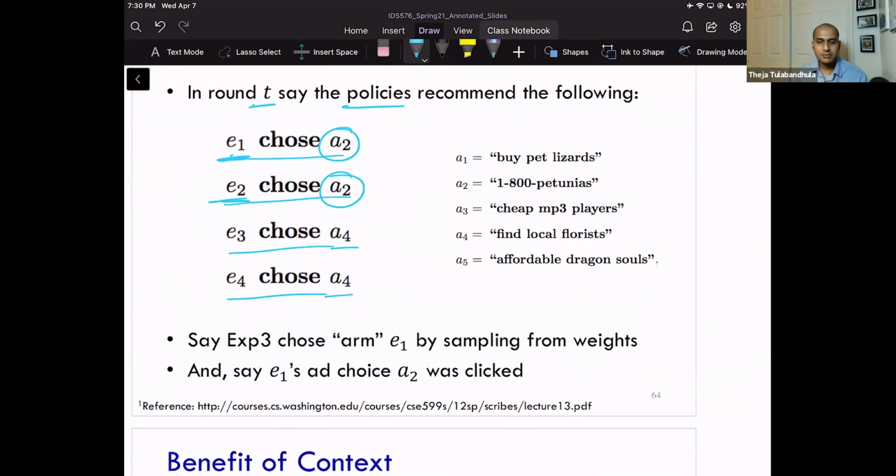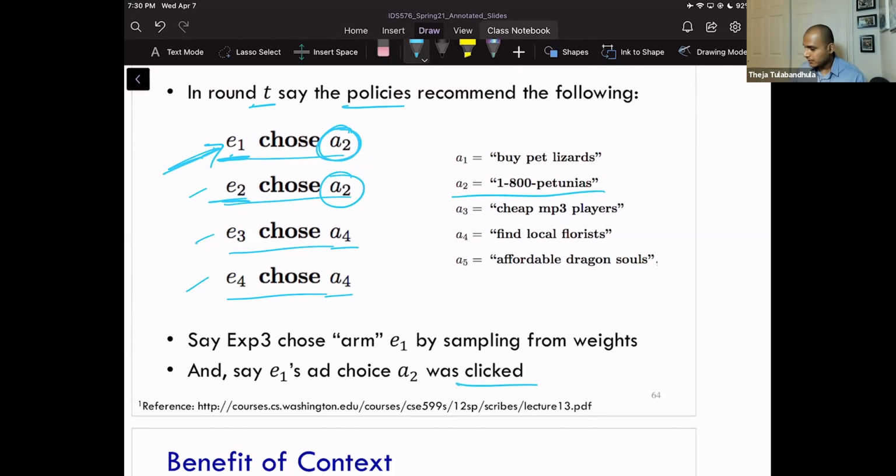Now, since we are running EXP3, the algorithm will choose one of the policies. Let's say it chooses policy 1 with some probability. Remember, there's a distribution over the 4 policies, and you pick policy 1. Policy 1 is saying, hey, show ad A2, and you show ad A2, and it got clicked.